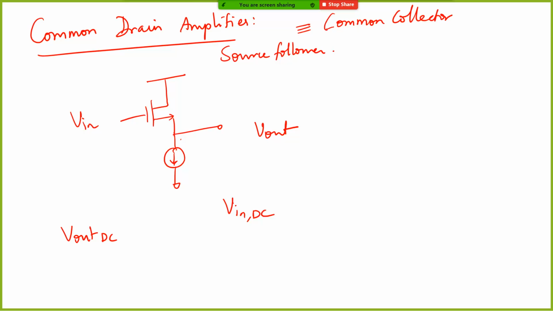Now I'm just telling you that we assume that M1, let's call this M1, is in saturation. Under this condition, what will be the relationship? V out DC can be written as V in DC minus this VGS here. Correct.